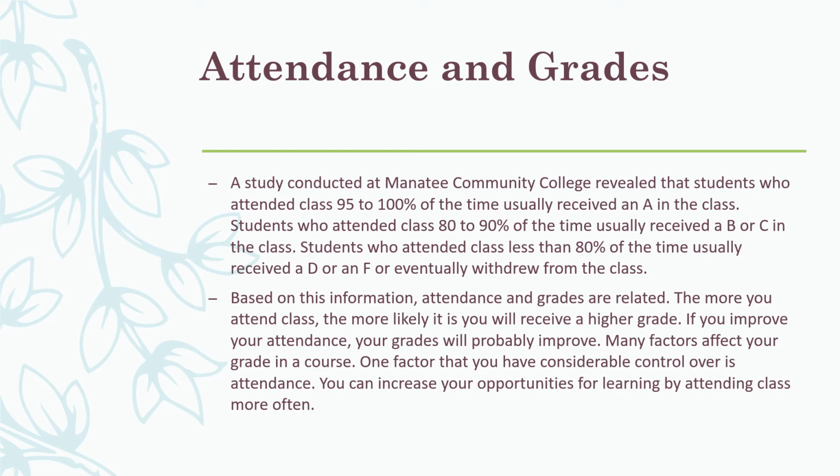Based on this information, we can see that attendance and grades are somehow related. Specifically, the more often a student attends the class, the more likely it is that they will receive a higher grade. And so, the inference that can be drawn is that if you improve your attendance, your grades will probably improve.